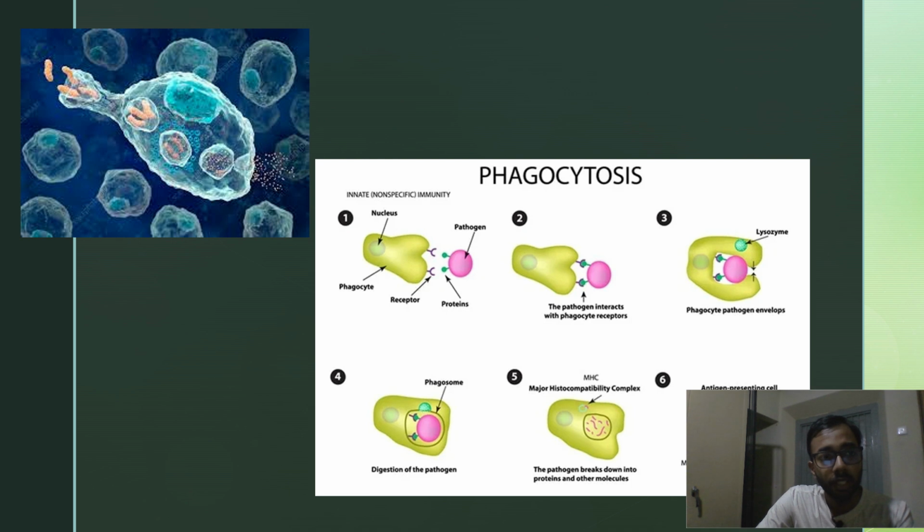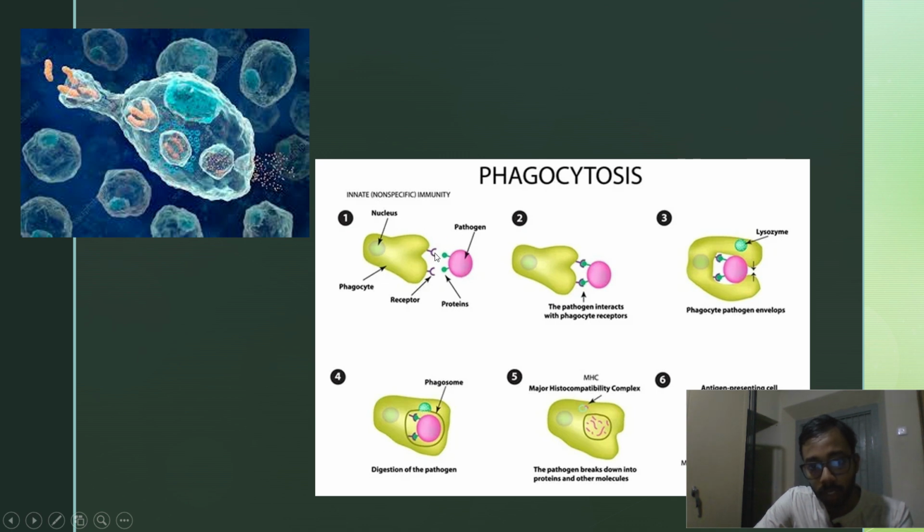Here you can see a diagram of phagocytosis, which is a part of the innate immunity internal defense, right? This is a phagocyte, for instance. Let's think that this is a macrophage. There are special receptors in the plasma membrane of these phagocytes. Here you can see a pathogen.